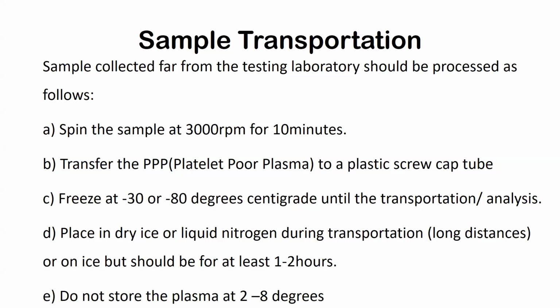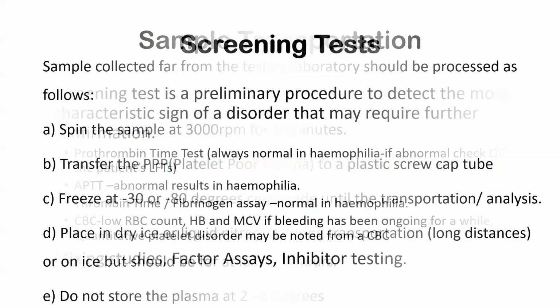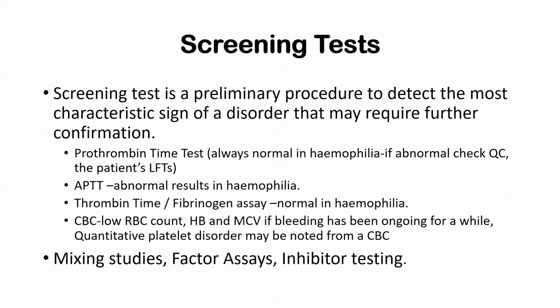That's a challenge, we'll discuss that, but you can use ice if it is a short duration of transportation, within 1 to 2 hours. Do not store your plasma at fridge temperature of 2 to 8. So please, if you're not analyzing the sample immediately, just freeze it. Don't keep it at 2 to 8.